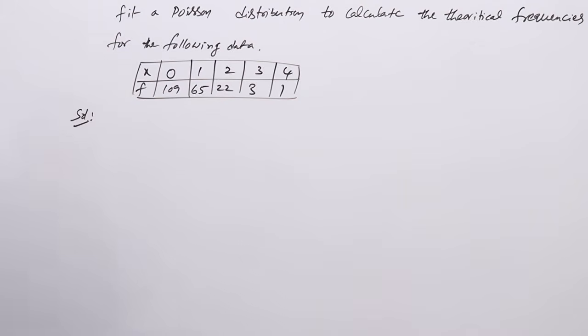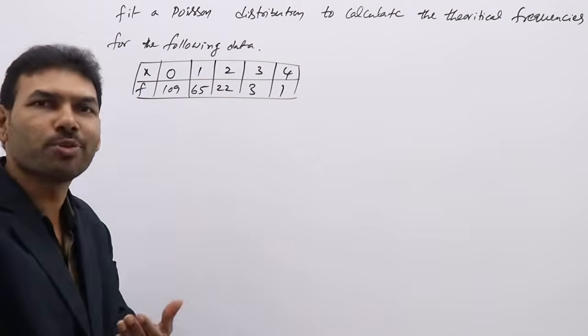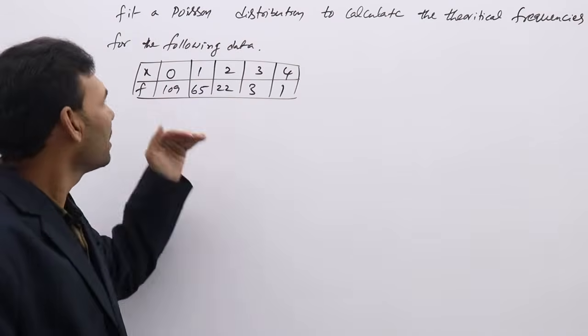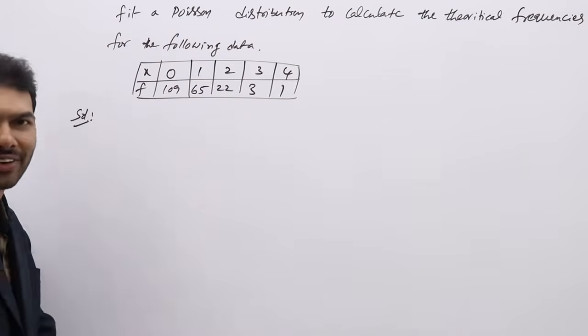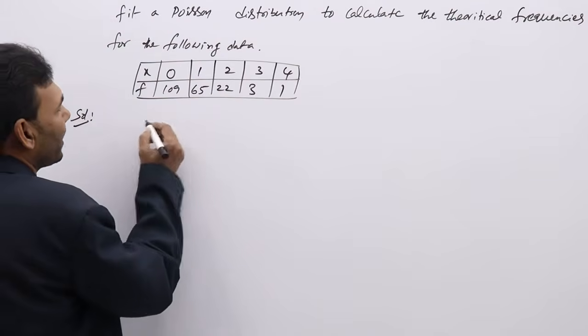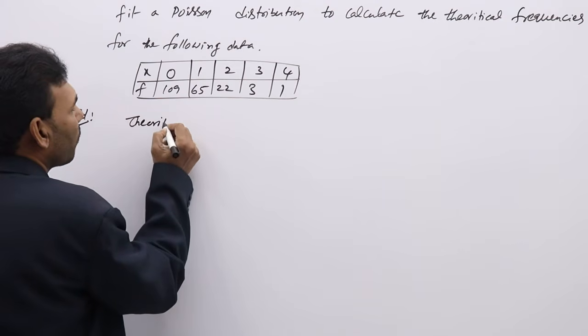Fit a Poisson distribution to calculate theoretical frequencies. Fitting distribution means finding expected frequencies for the already given frequencies. For that, we need to calculate theoretical frequencies or expected frequencies, and we have one formula.